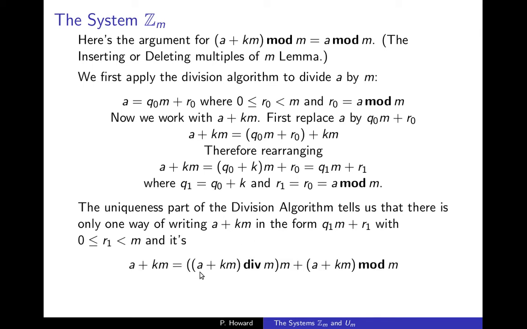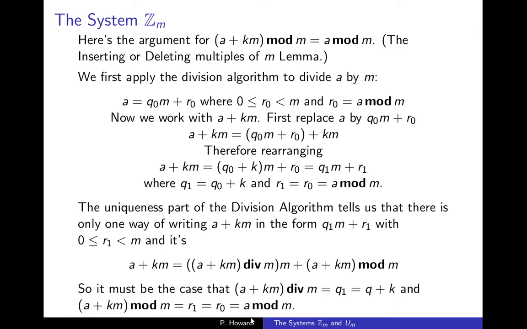And that one way is A plus Km is the quotient when you divide A plus Km by M times M, plus the remainder when you divide A plus Km by M. So this quotient must be the Q1 from this equation.